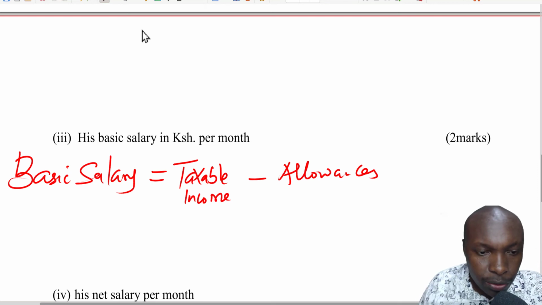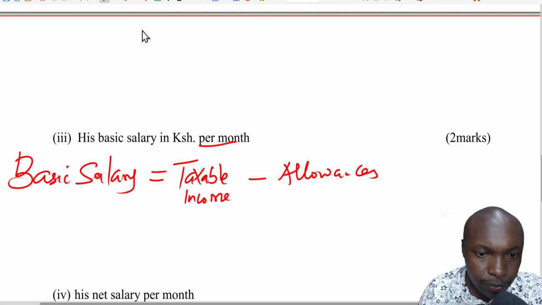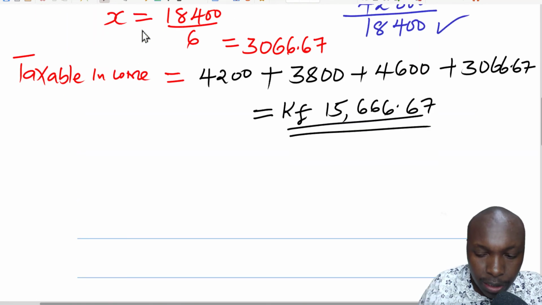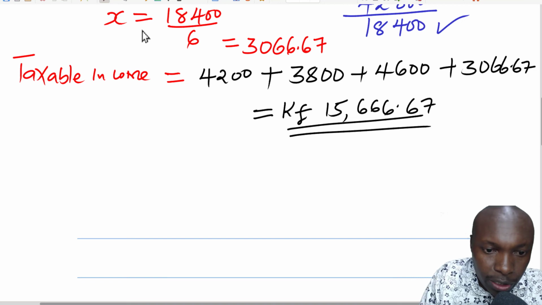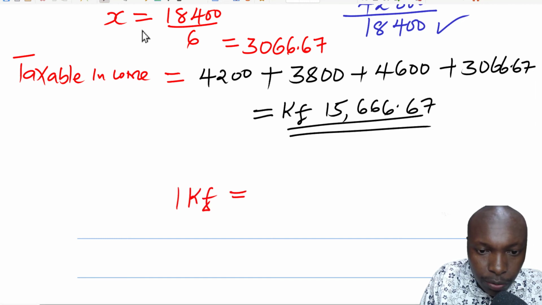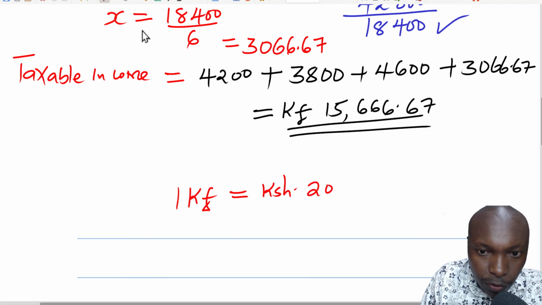And remember, basic salary is given on a monthly basis. So taxable income is already what we have obtained, but it is in Kenyan pound. We need to convert this Kenyan pound to Kenyan shillings. So we know that 1 Kenyan pound is equivalent to 20 Kenyan shillings.